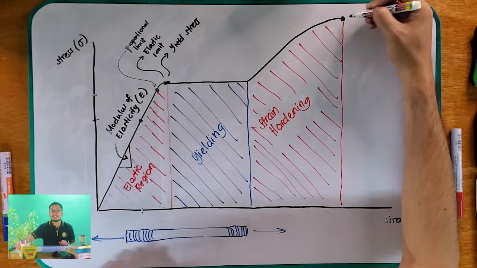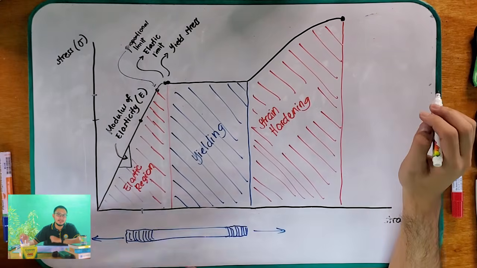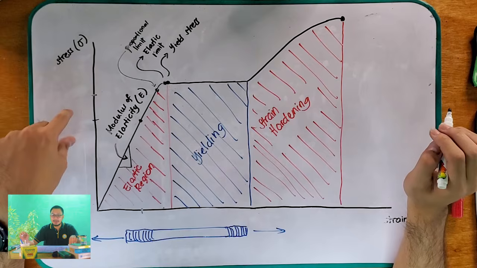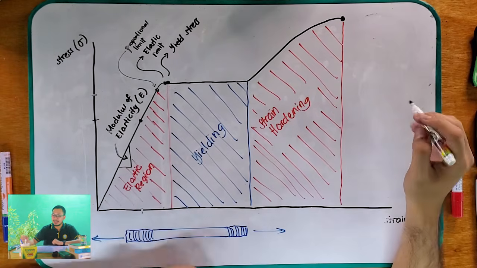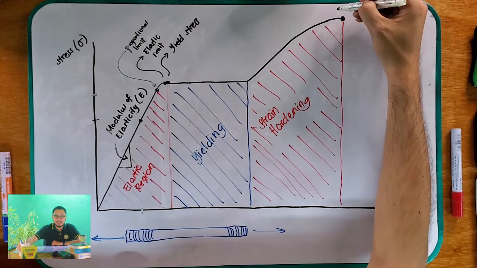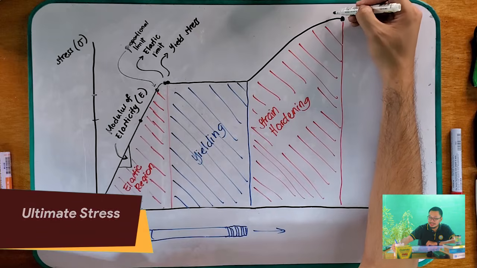Okay? Sige. Now, niabot ta ani nga portion. And this is the peak of the stress nga makaya sa imong specimen. Okay? So, let's call this one the ultimate stress.